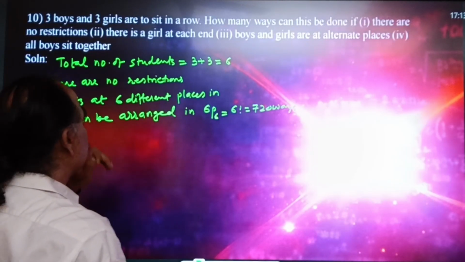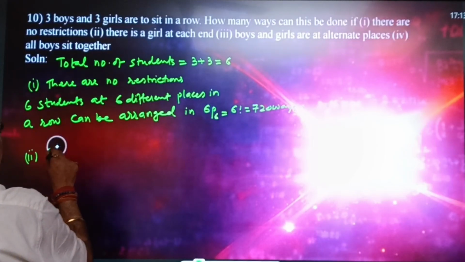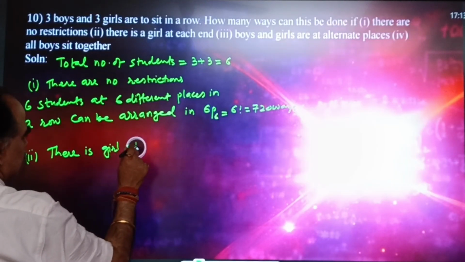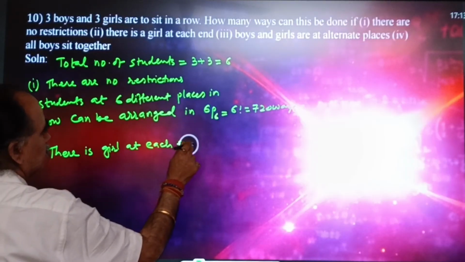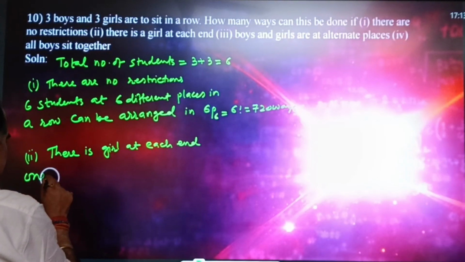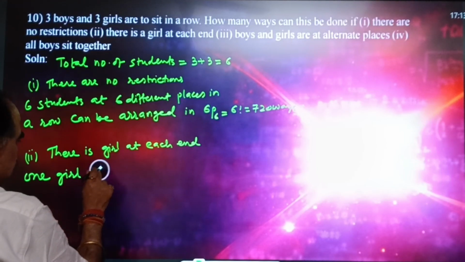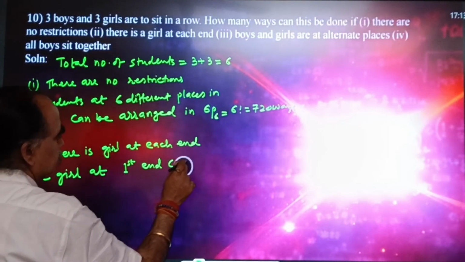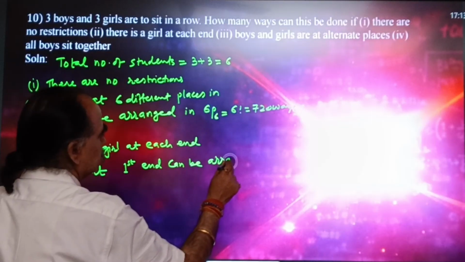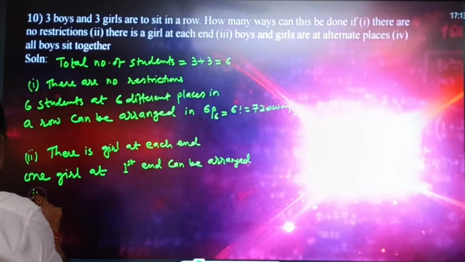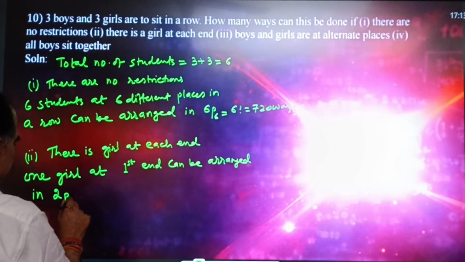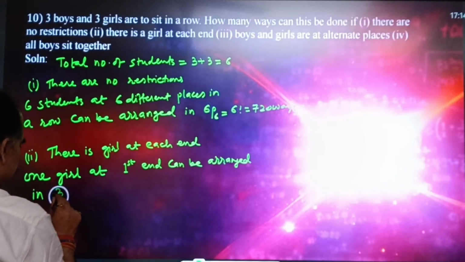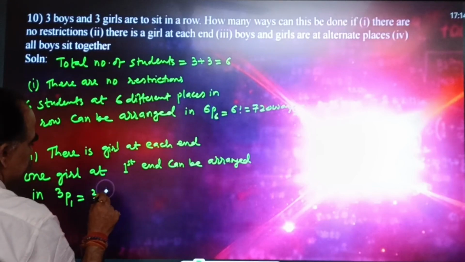Second is what? There is a girl at each end. One girl at first end can be arranged in 3P1, sorry, three girls are there, is equal to three ways.